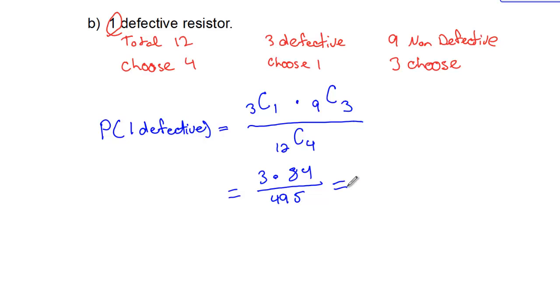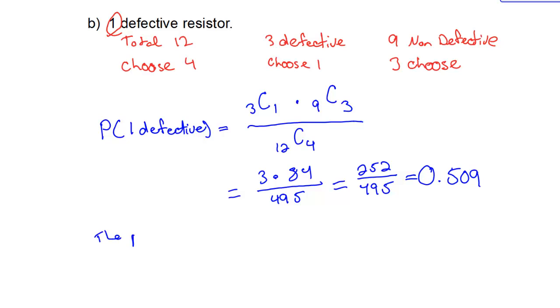So 3 times 84 is equal to 252 divided by 495, which is going to give me 0.509.